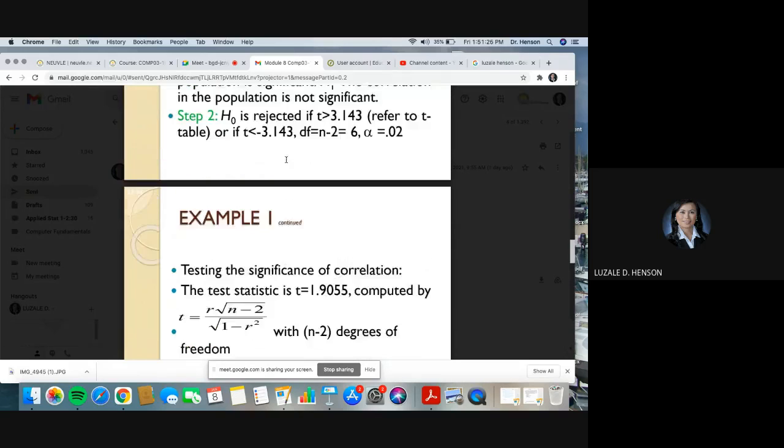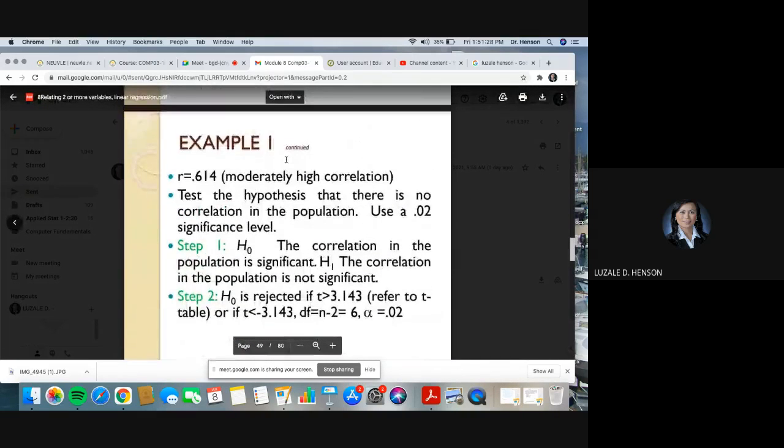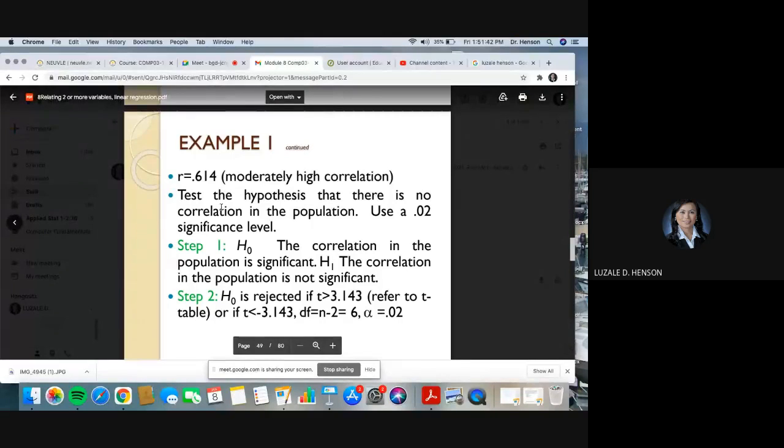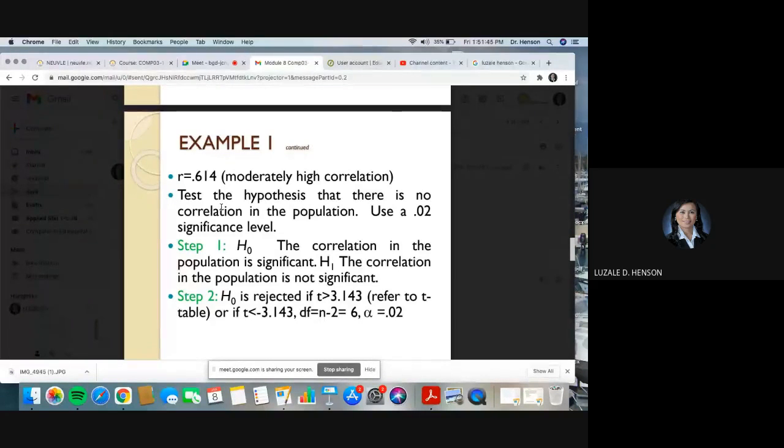So this is how we perform the hypothesis testing. You obtain a value of 0.614 after computation, and it's interpreted as moderately high correlation. Now you want to test the hypothesis that there is no correlation in the population, meaning there is no significant relationship between the cost of the book and the number of pages at 0.02 level of significance.